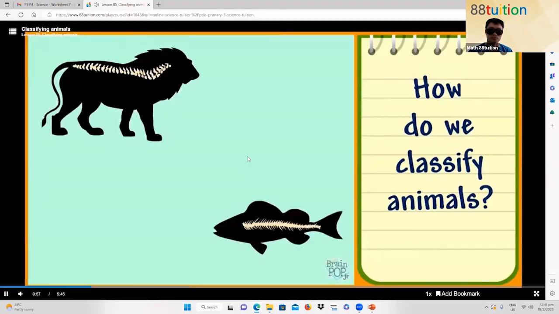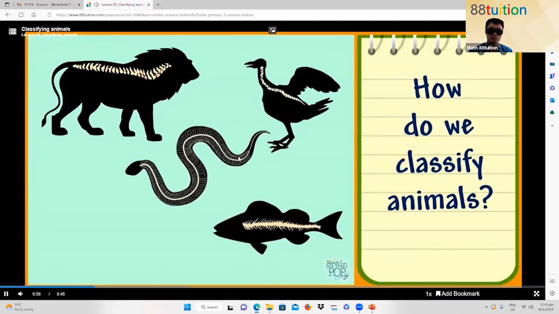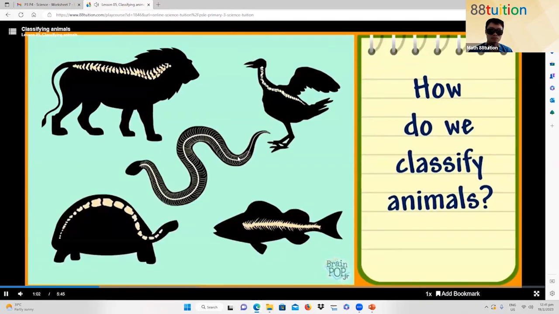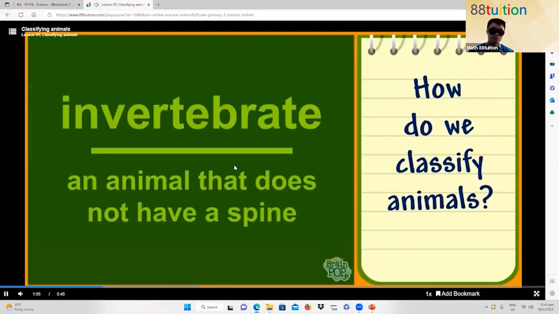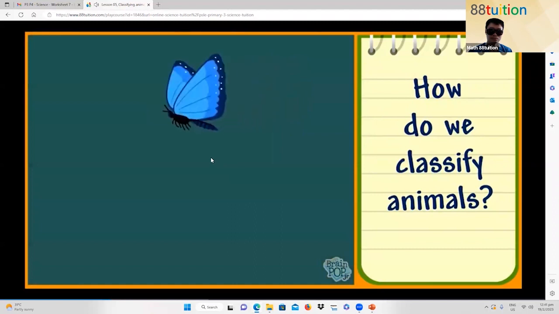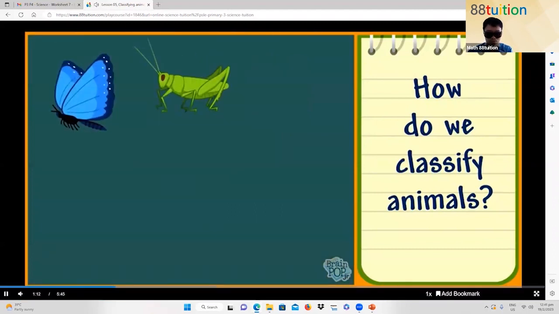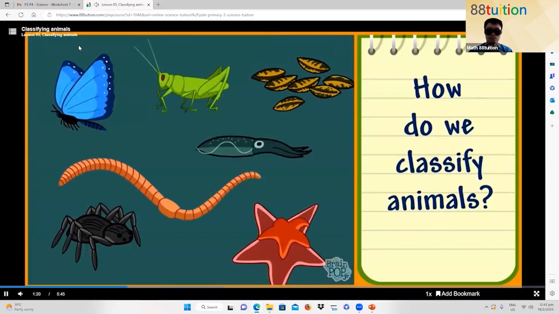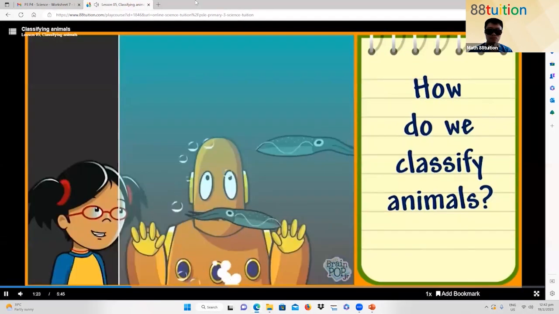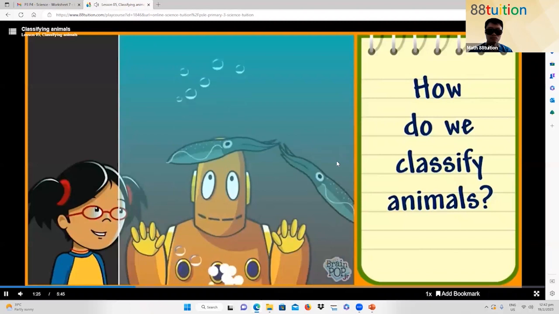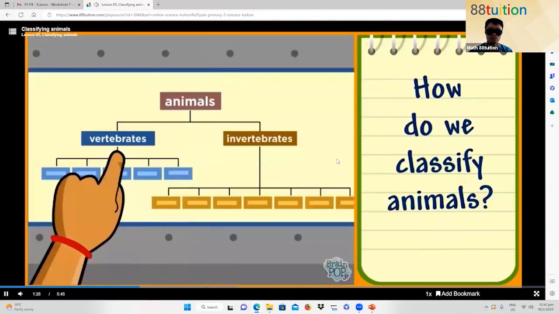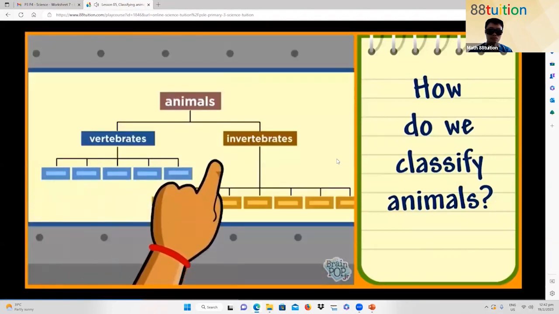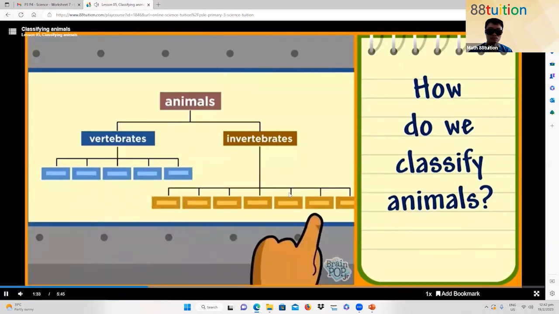Lions, fish, birds, snakes, and even turtles are all vertebrates. An invertebrate is an animal that does not have a spine. Insects like butterflies and grasshoppers are invertebrates. So are spiders, worms, mussels, starfish, and squid. Most of the world's animals are invertebrates. Scientists classify vertebrates and invertebrates into even more groups.